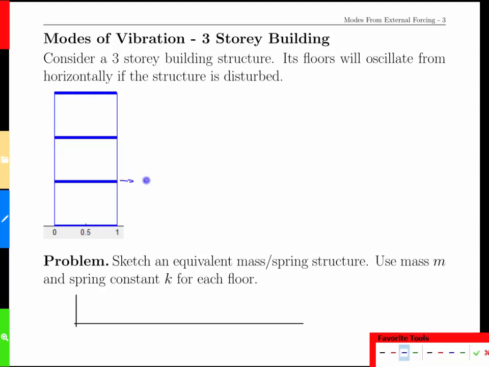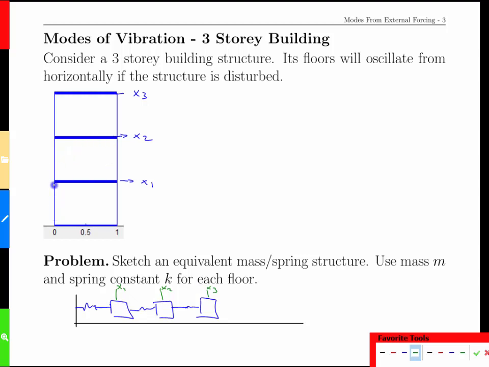The idea is if the displacement of each floor, left to right, is given by an x value, x1 through 3, then what we can do is imagine a spring and a mass and an equilibrium point for x1 for that mass, spring and a mass, spring and a mass, and then the equilibrium points for the other two coordinates, x2 and x3. We get the same kind of behavior as this.